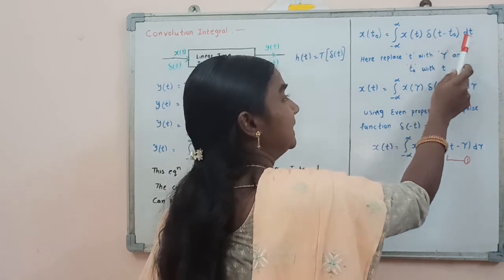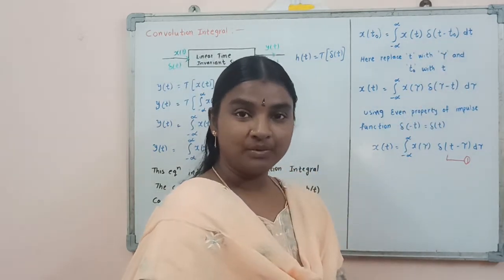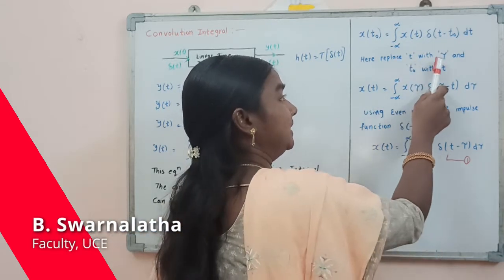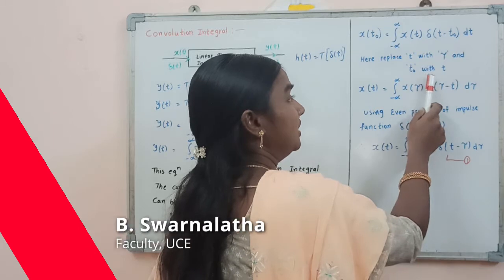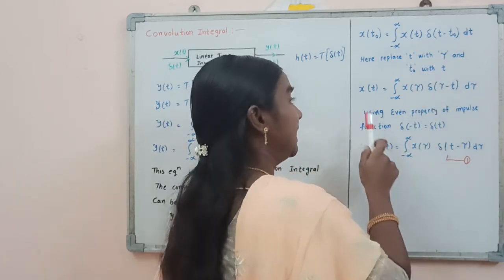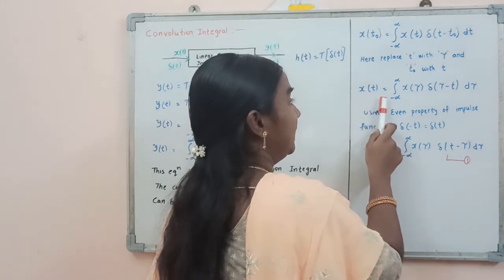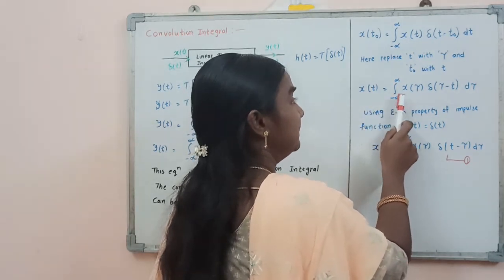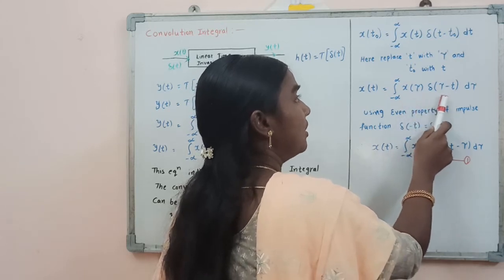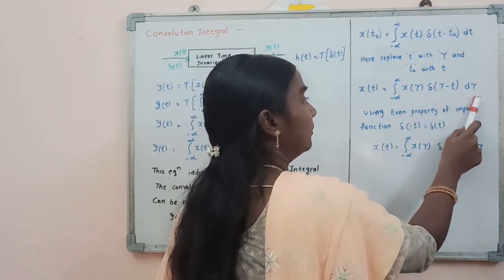minus t naught dt. Now in this equation, we are replacing t with tau and t naught with t. So by that, this equation can be x of t will be equal to integral minus infinity to plus infinity x of tau delta of tau minus t d tau.